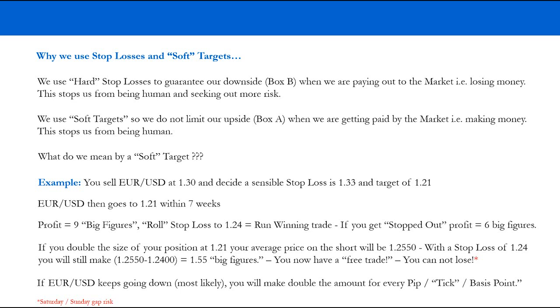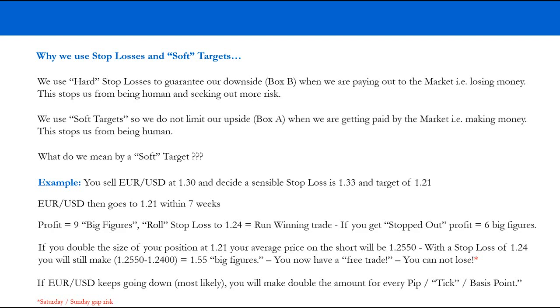This stops you from being human. What it does is guarantee your downside. So when that order is triggered, you're essentially pulling from box B. It's an insurance policy against you being human. So it guarantees your downside, pulling from box B, when you're paying out to the market.